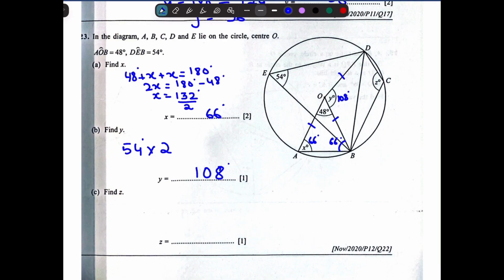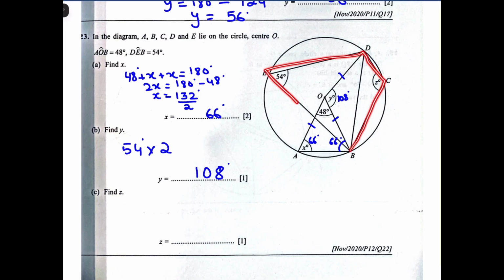Now they want us to figure out z. Okay, so if we focus on the cyclic quadrilateral BCDE, all 4 points are on the circumference, and we know that the opposite interior angles are supplementary.